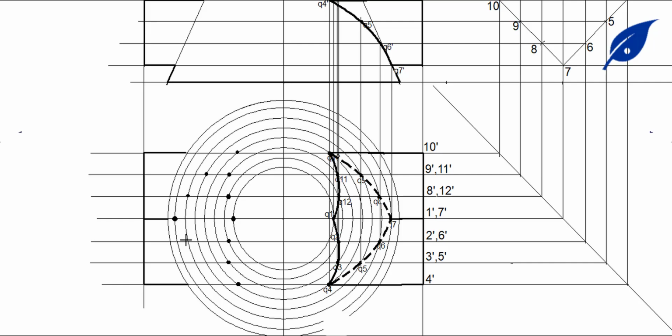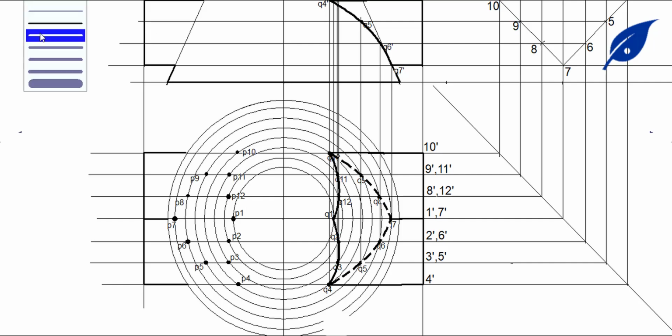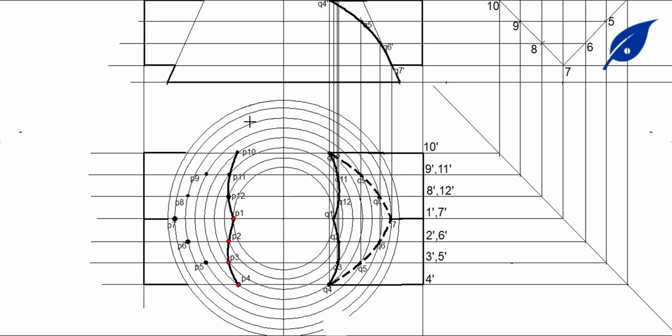The reason why we're given different labeling is so that it will be different from what we obtained on the right, which was Q1 to Q12. So on the left hand side, we have P1, P2 up to P12, and this first phase is the one that we can see.